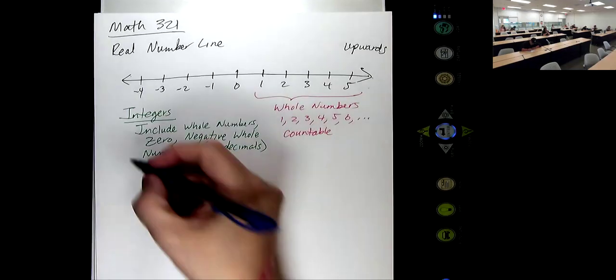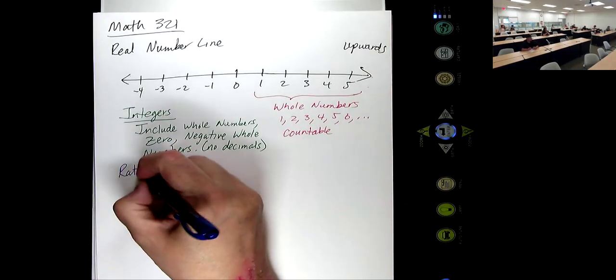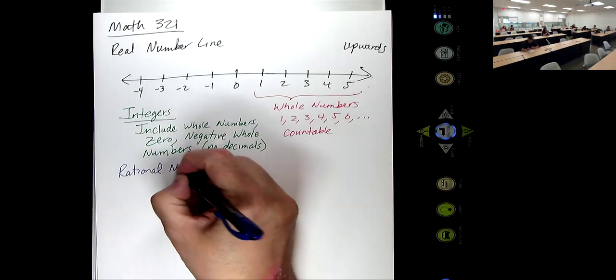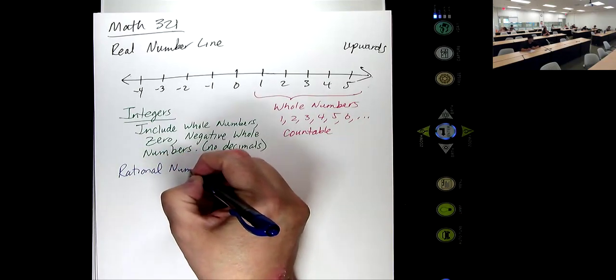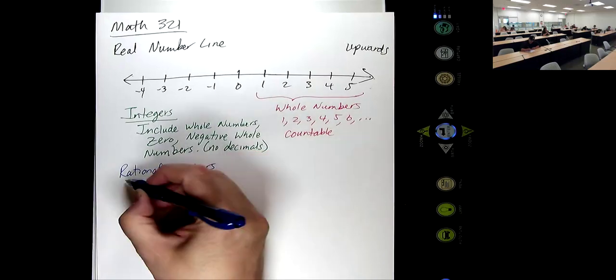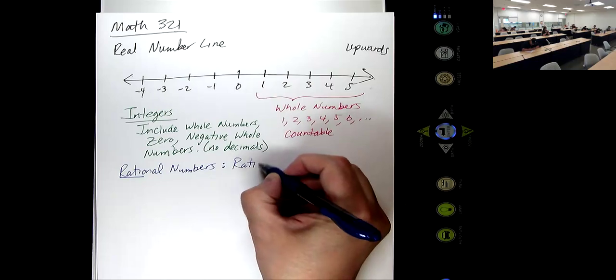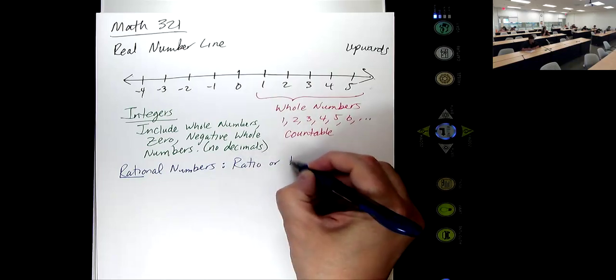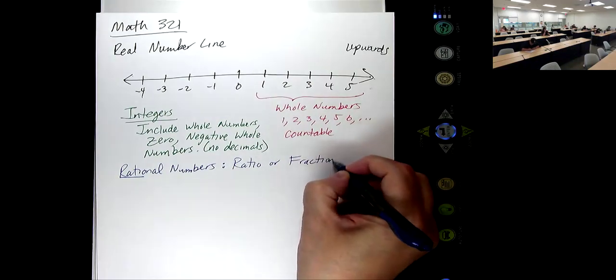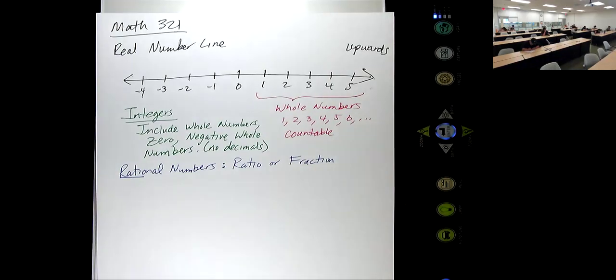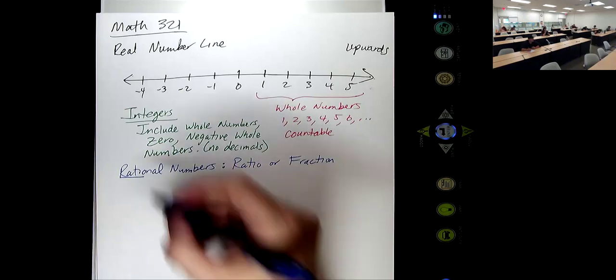Then we have the rational numbers. Rational includes the word ratio, which means fraction. So integers count here.